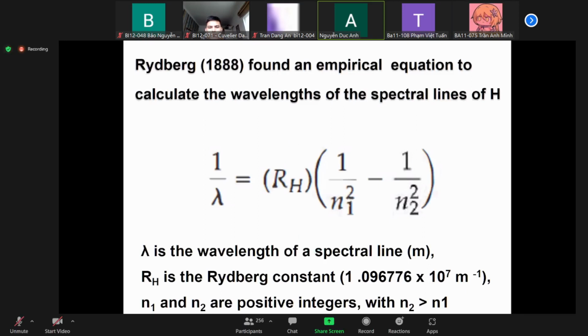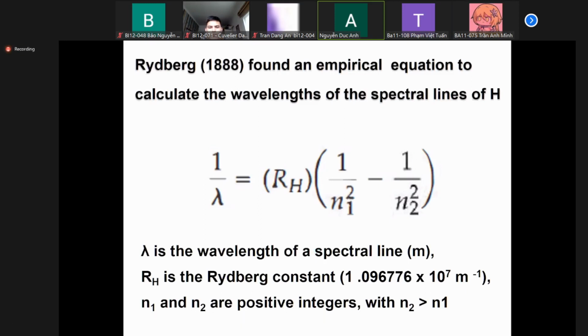So let's take a look back. Let's remember again about the spectral lines of hydrogen before. Okay, hydrogen shows 4 lines in the emission spectrum. Do you remember that?